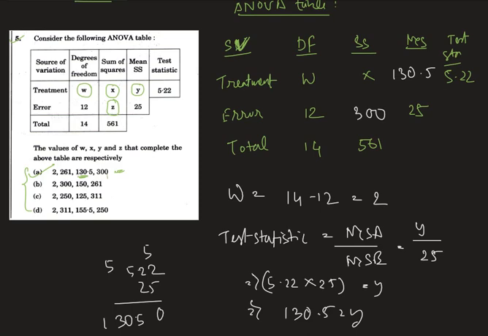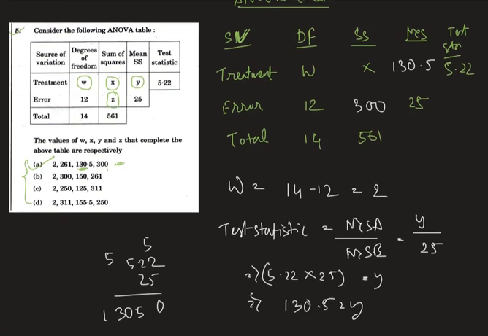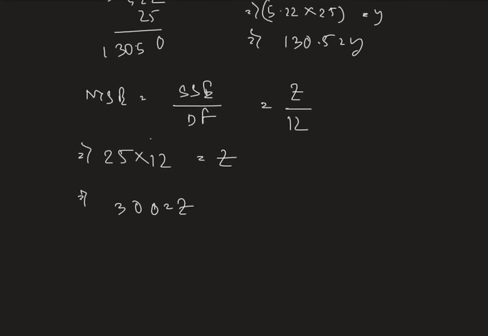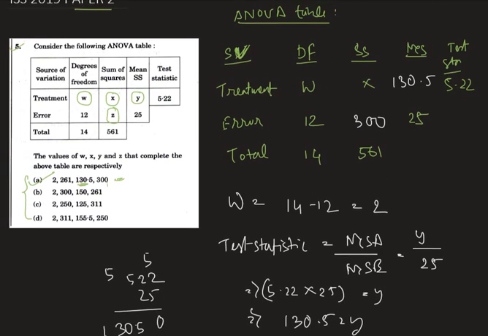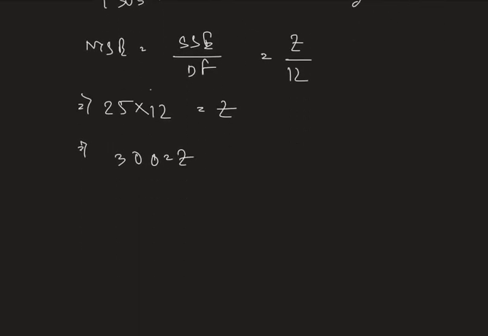Therefore if we subtract 300 from 561, we get the value of SS treatment. Therefore SS treatment is 561 minus 300, which results in 261.